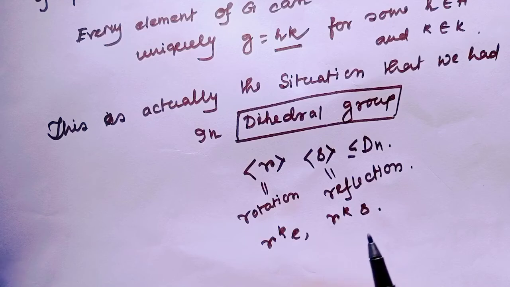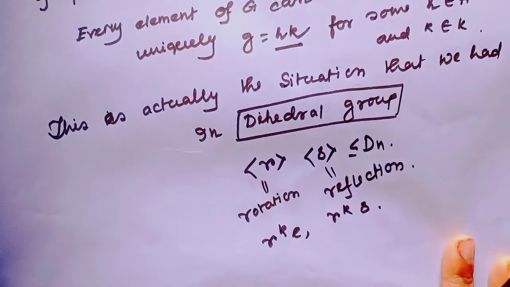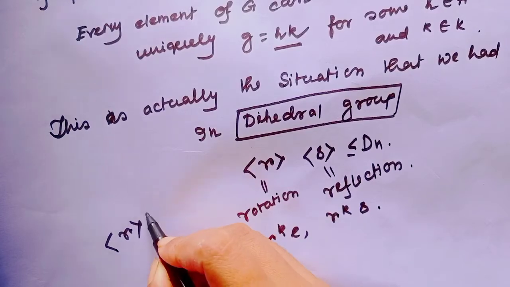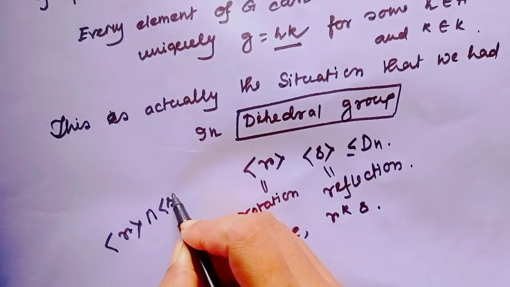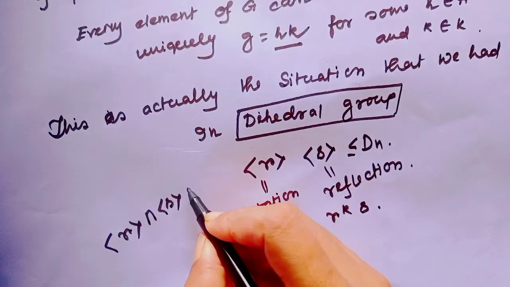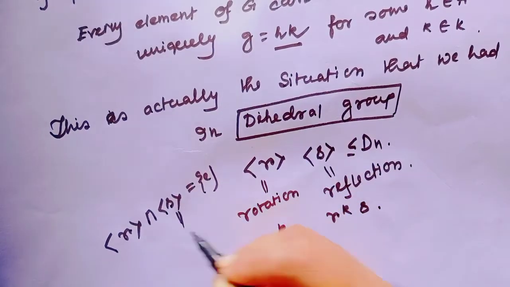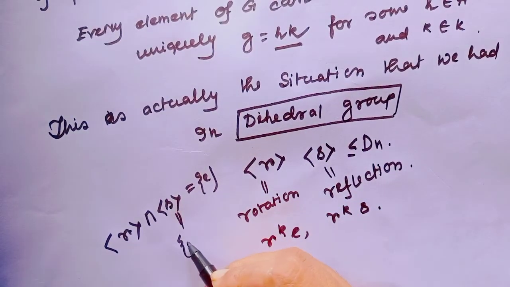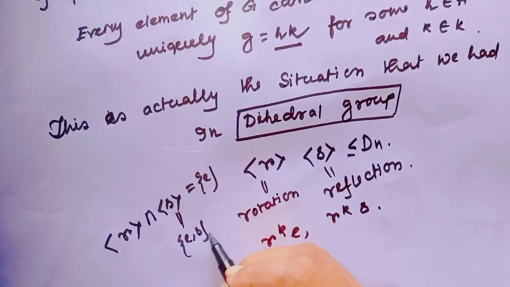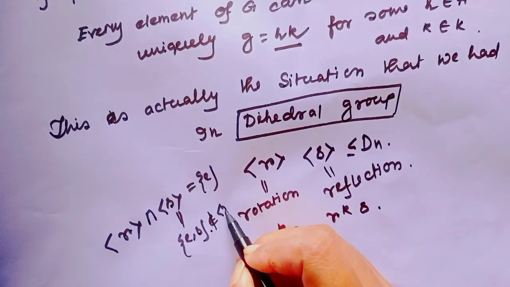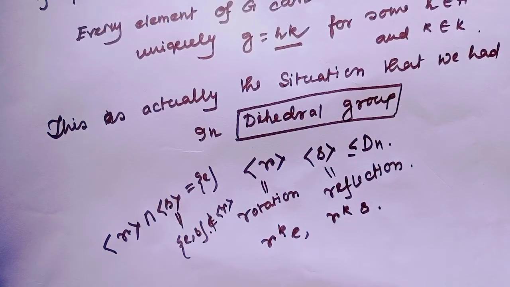Okay? And here notice the intersection of the cyclic subgroup generated by R and the cyclic subgroup generated by S is only identity, because we all of us know the reflection subgroup contains only the set identity and S, and S does not belong to the rotation subgroup. So the intersection of these subgroups is only identity.